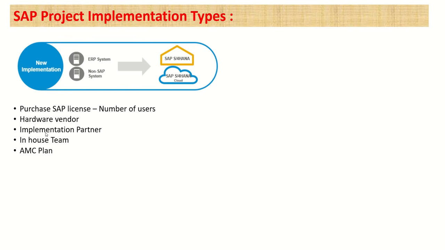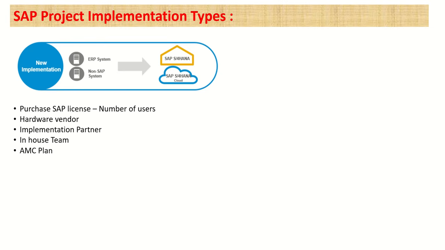Then the company needs to identify the implementation partner. Because this is a company that currently is not using SAP, they don't have any idea. Very rarely does a big company develop an in-house team and then implement. So most of the time they hire an implementation partner. For example, Reliance is a company and they want to implement SAP. For the implementation partner, they can search in the market, they can go with PwC, IBM, Accenture, TechM.